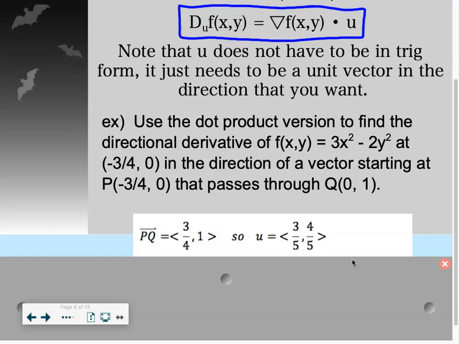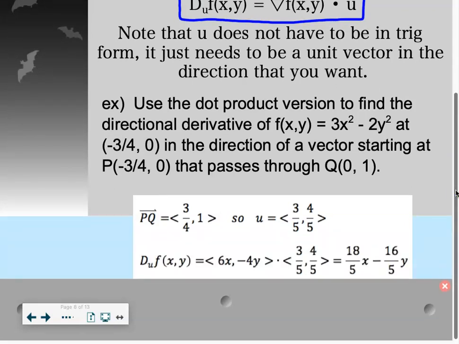Remember, the magnitude of PQ: this squared plus this squared, square root. So 9/16 plus 16/16, 25/16, so 5/4 is the magnitude of PQ. So you do this divided by 5/4, and when you clean it up, you get 3/5, 4/5. Okay. Any questions on finding a unit vector in the right direction? All right, so that's my u.